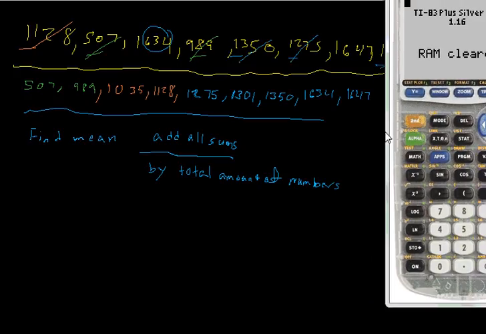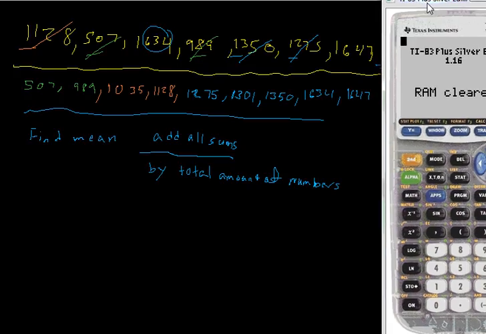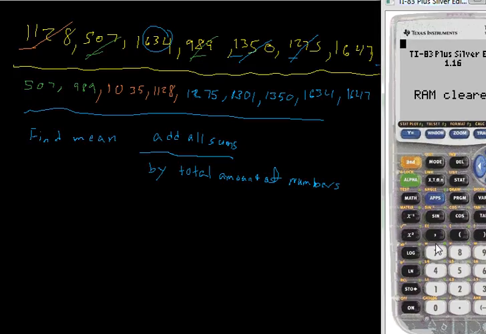I'm going to leave half on the screen just so I can add all these values up. 7 plus 9 is 235. Made a mistake, so I go back.